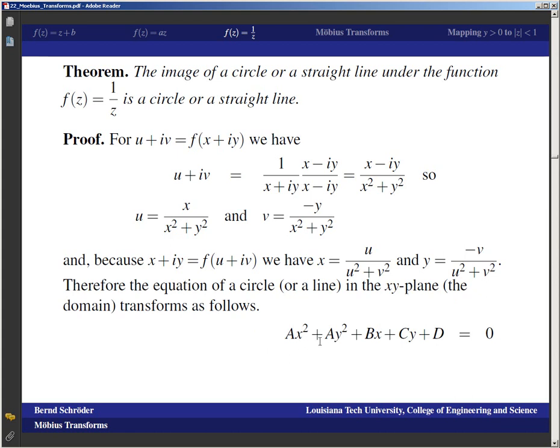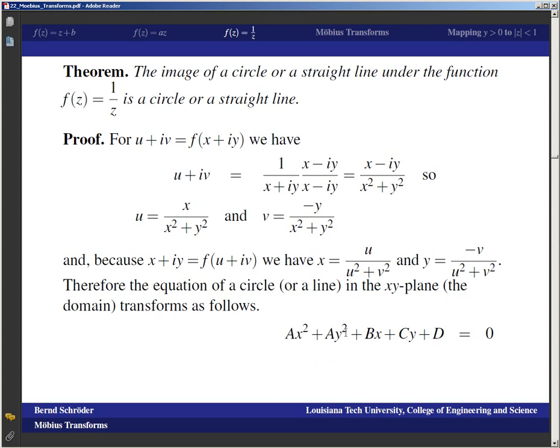Now notice, this really is the equation of a circle or a line because this form should be familiar to you. Sometimes people cancel out the a, but that would be x squared plus y squared plus bx plus cy plus d. That's the equation of a circle.